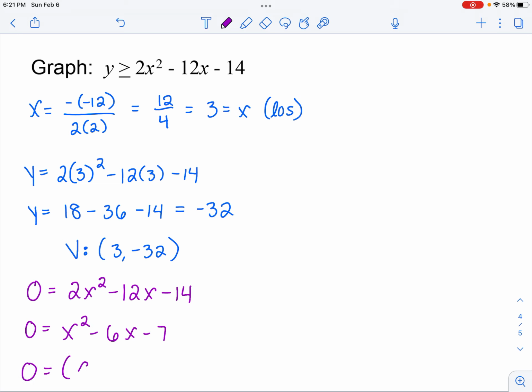So I'm going to go forward with the x-intercepts here. This is x minus 7 and x plus 1, because negative 7 times 1 is negative 7. Negative 7 plus 1 is negative 6. So that's going to give me x-intercepts at positive 7 and negative 1.